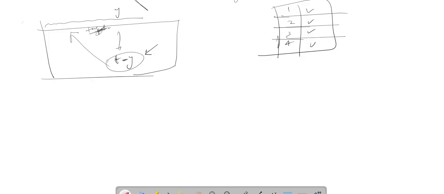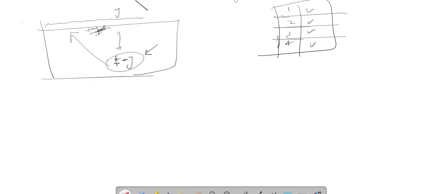Okay, so let's give it one more try. The idea is that you're going through the array, and the loop variable represents, of course, the number that we are currently looking at, right?